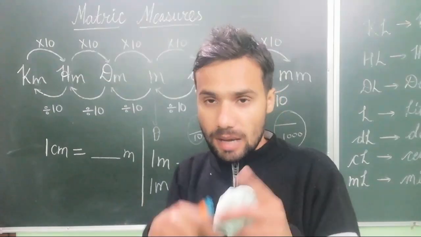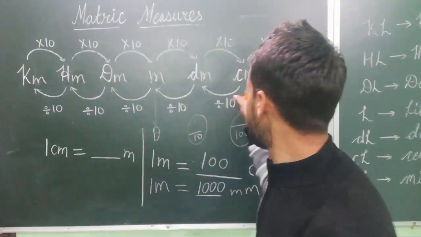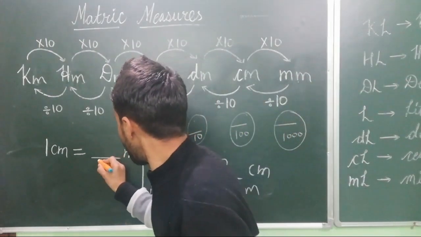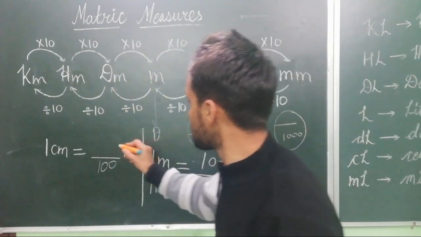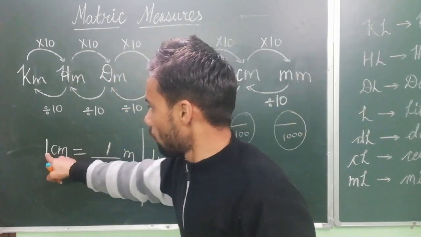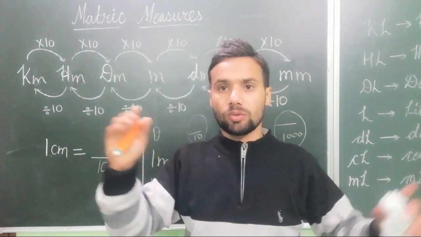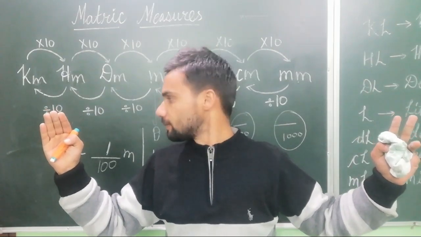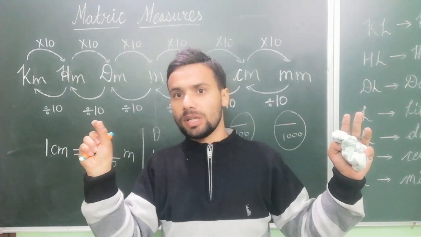Smaller means I am dividing here, because I get a fraction, means 10 by 10 is 100, means upon 100. Out of 100 it represents which part? Only one part. 1 centimeter is representing one part out of 100 centimeter.